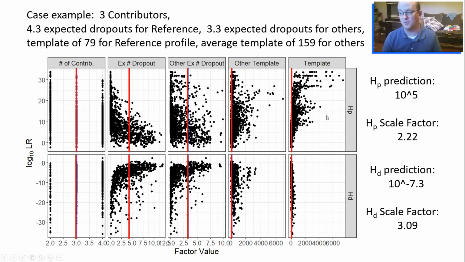And when adjusting for the scale, the variability around that average is characterized by a 2.22 scaling factor.